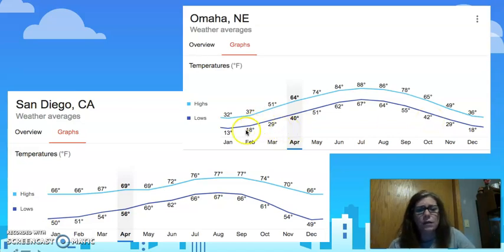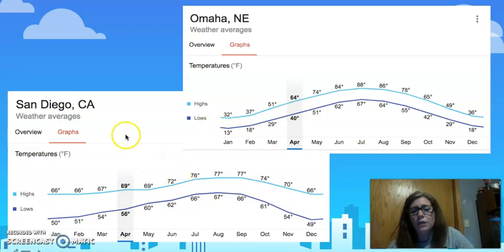So once again, they range from 13 degrees as our coldest low temperature, so that would be like when we wake up in the morning, to 67 degrees for the temperature in the beginning of the day, right in the morning. So we have a pretty big gap between what those temperatures look like depending on the season.